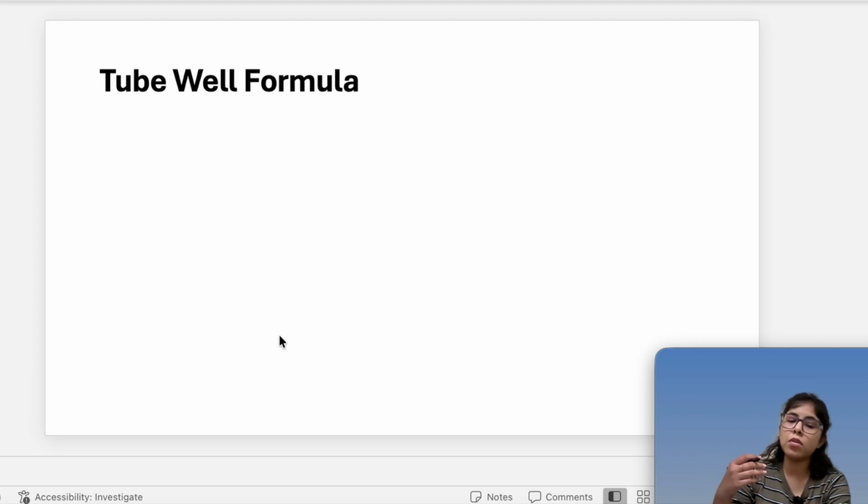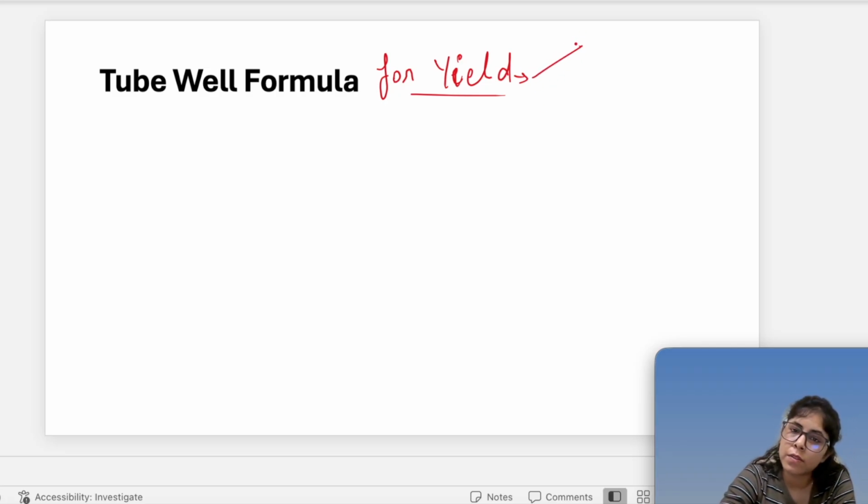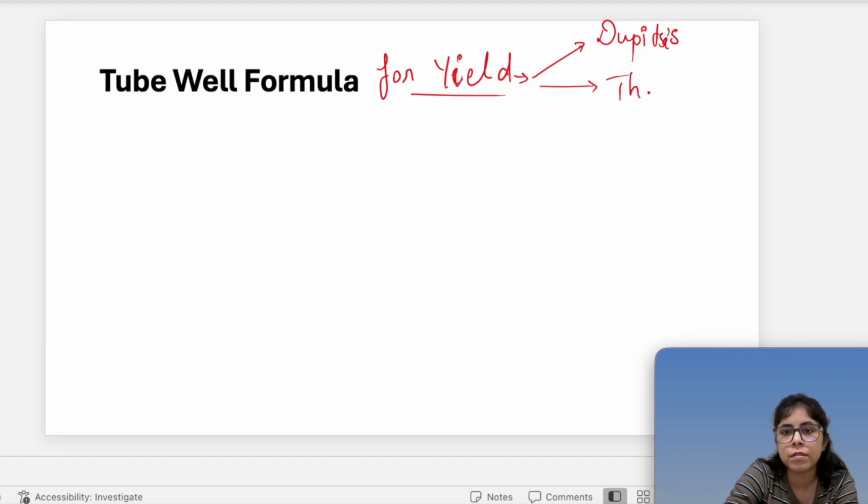Now if I want to calculate the yield of the tube well, the tube well formula for calculating yield, right? So we have two formulas to calculate yield. First we have Dupuit's formula, and then we have Thiem's.